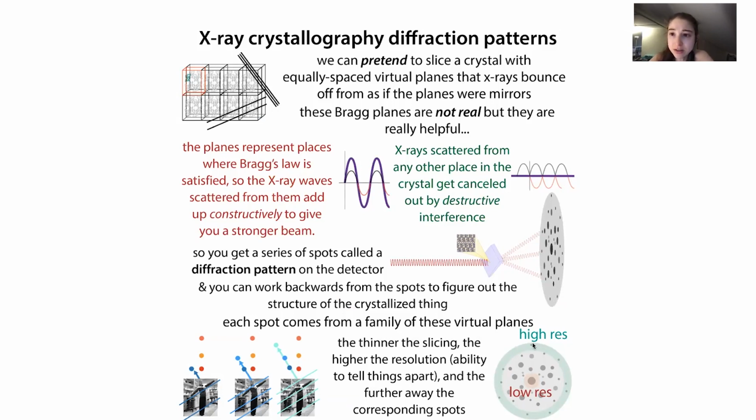But it's the high resolution data that has that really crucial information, and this data is going to be the weakest and hardest to collect, and it's going to be the furthest away from the bullseye in this pattern.